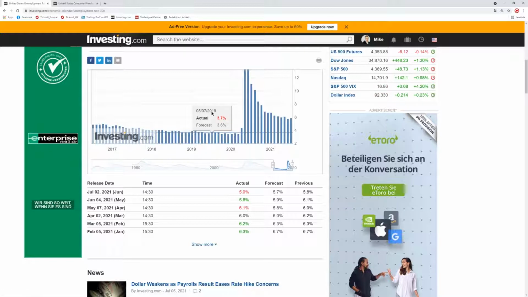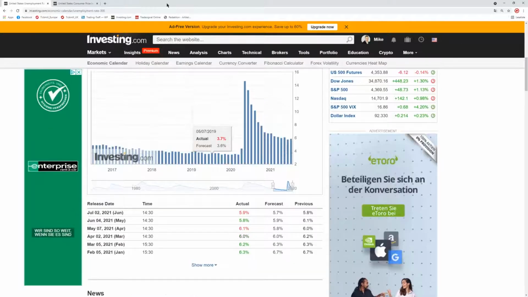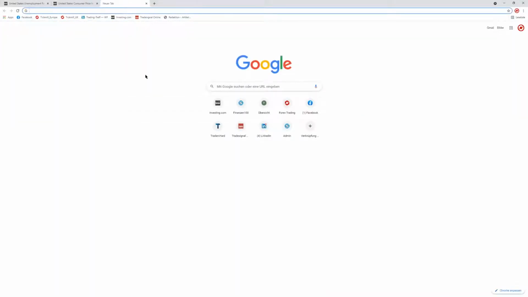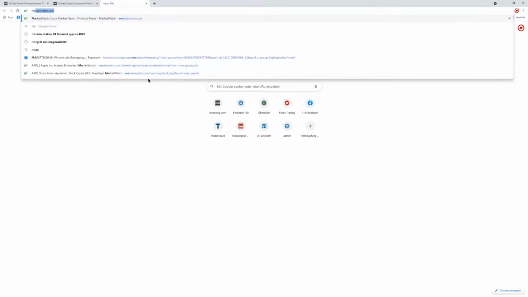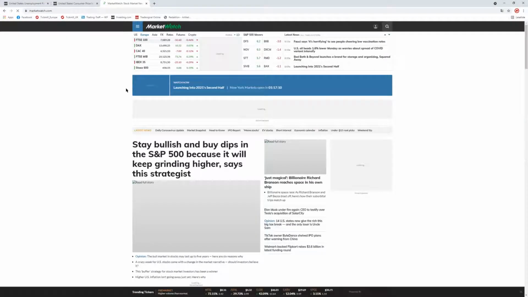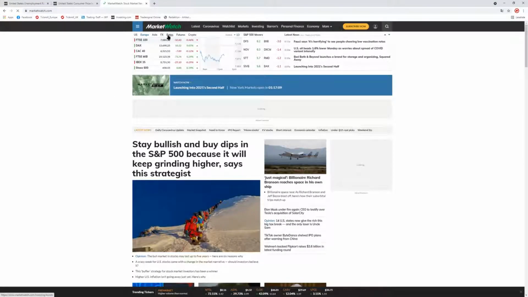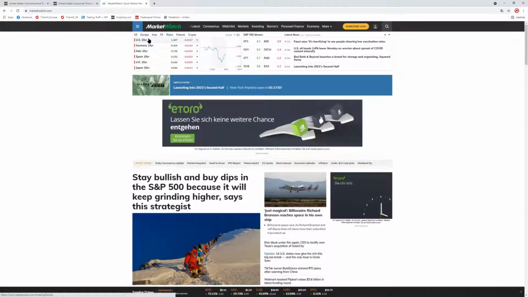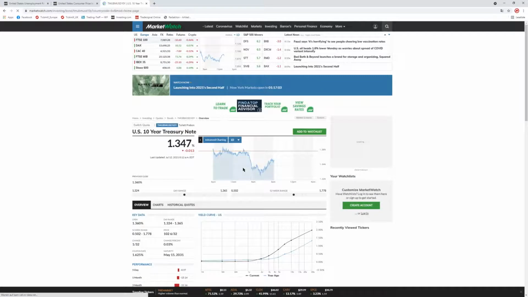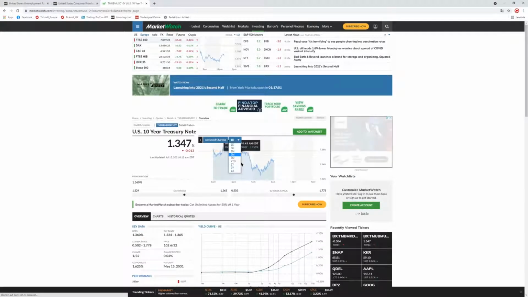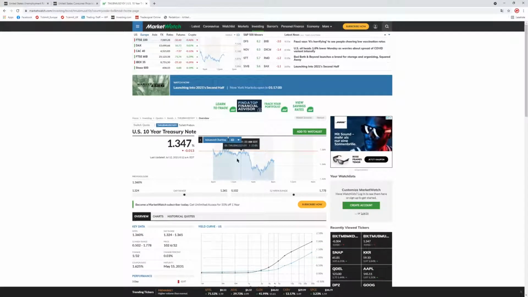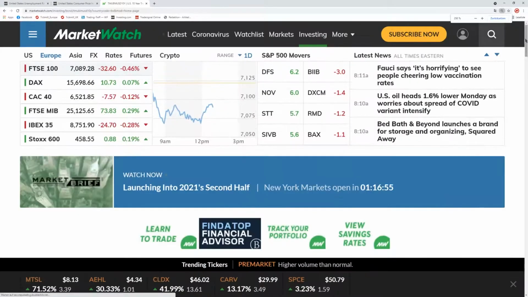This is very important, and the next thing that is very important are the 10-year rates, and this is quite easy to find. For example, just check marketwatch.com, and you have the rates here. Just check the rates for the US 10-year treasuries. This is quite simple, and when you see what happened here during the last 6 months, I'll make this a bit bigger so you can see it more clearly.